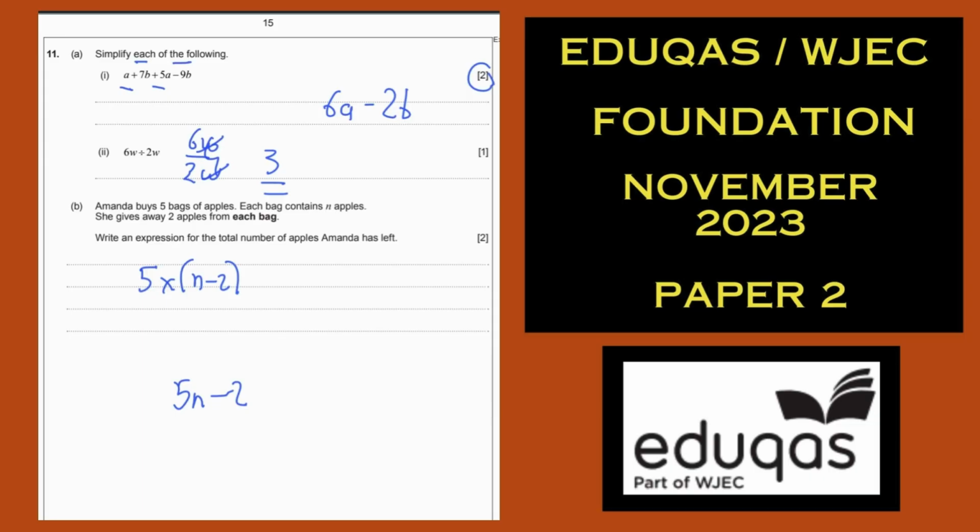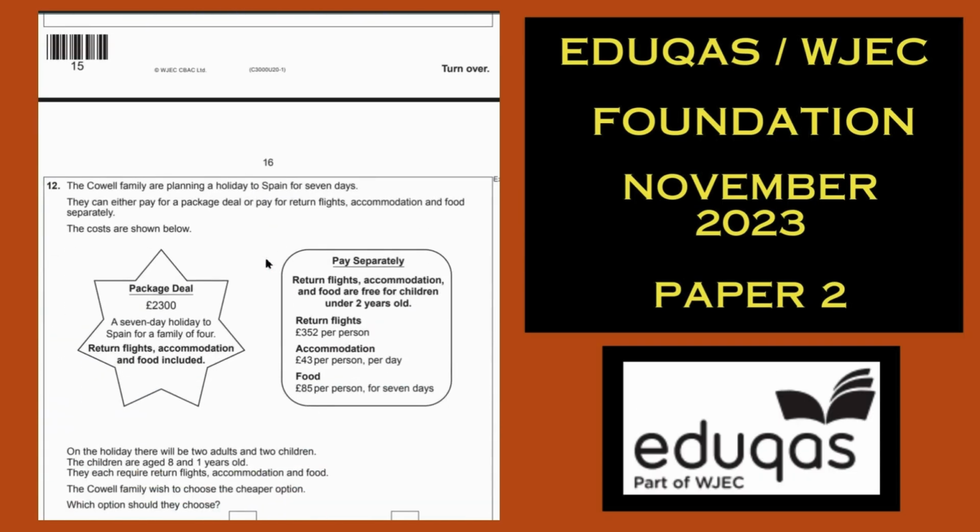If you're buying 5 bags and you give away 2 in each bag, you will end up giving away 10. So it's not the same. Whereas here, if you expanded the brackets, it is. And by the way, the mark scheme accepts either of those as the correct answer. So don't worry about that.